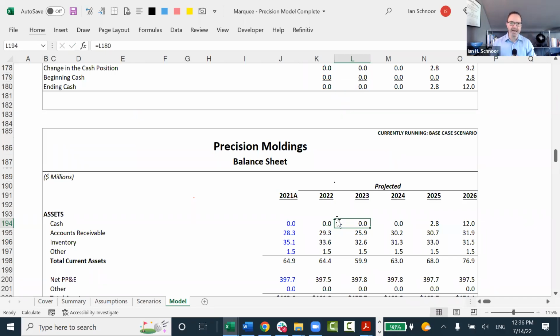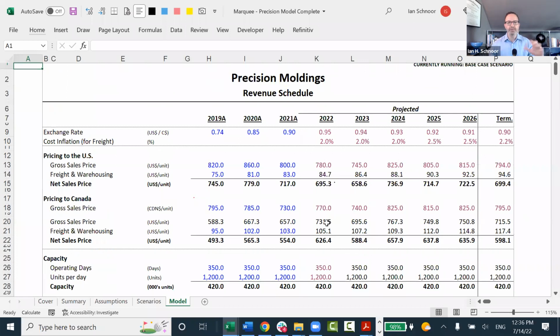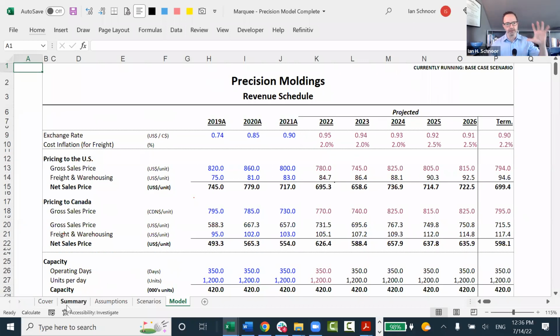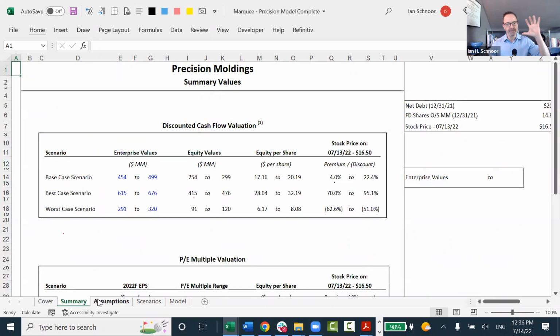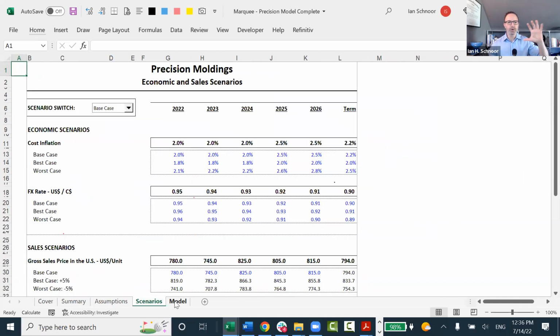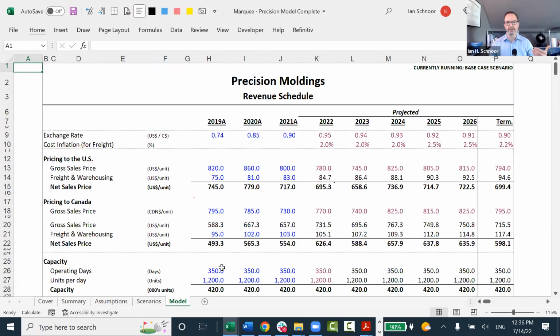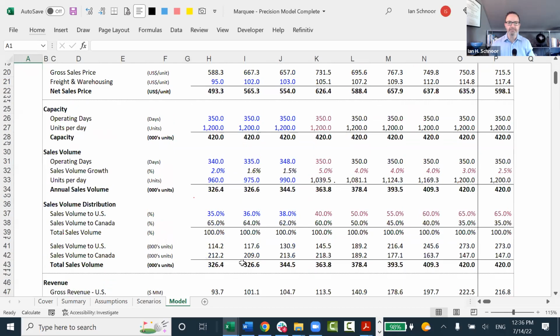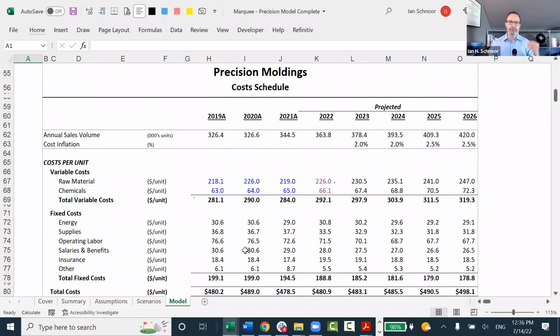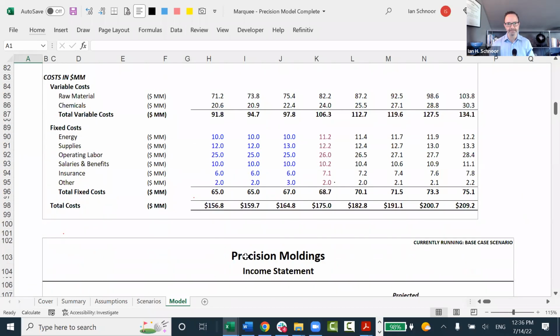So we'll talk a lot about design and structure when we get into the program, but we are going to look at how to build all the pieces of a strong model, from the upfront summary, the assumptions, the scenarios. We're going to look at how to properly build revenues. And how do you properly think about operating costs for a company?